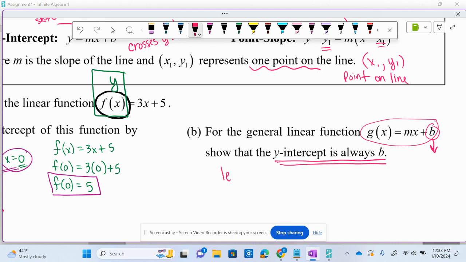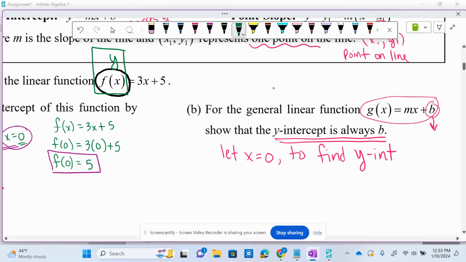So we're going to, again, let x equal 0 so that we can find the y-intercept. So what does that look like? If I'm going to let x equal 0, what does that look like in this function? What should I write down? I'm going to replace the x with a what?